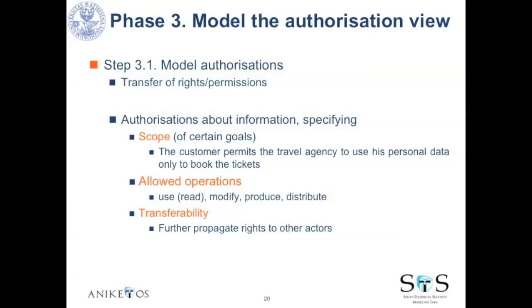And the third attribute, transferability, captures what I said in the beginning. When one wants to give full authority to someone else for a given operation, then it allows him to further propagate rights to other actors, and this is specified by means of this attribute, transferability.